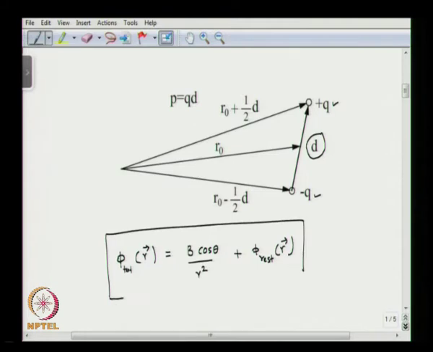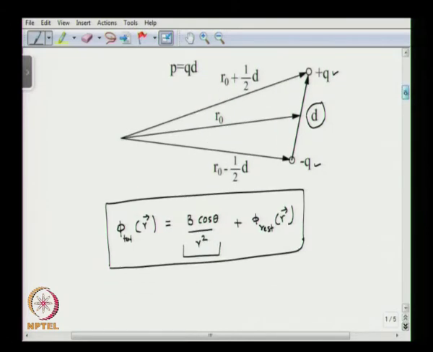So this is the expression for the potential at any point, and this contribution is coming from the dipole. Here B is equal to P, which is the dipole strength, divided by 4 pi epsilon.